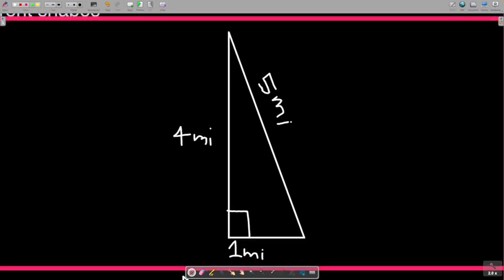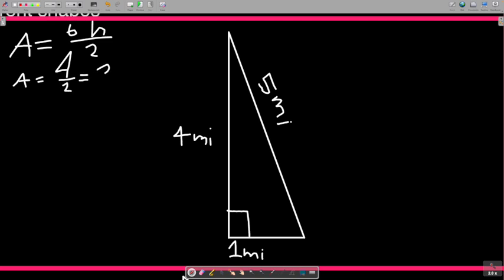Next is this. So the formula is BH over 2. The base is 1 mile. The height is 4 miles. So we're going to have 1 times 4, which is just 4, over 2. That's equal to 2. And then square miles. So that's the answer.